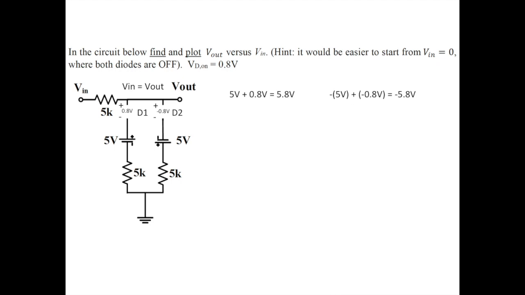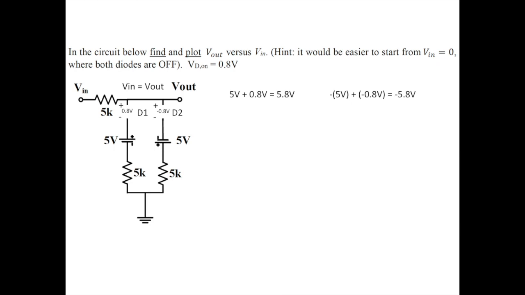Therefore, in order for D1 to be on, the positive terminal of D1 has to be 5 volts plus 0.8, which is 5.8 volts. Now remember, since D1 and D2 are both off still, V out equals V in. So essentially, for D1 to turn on, V in has to be greater than or equal to 5.8 volts.